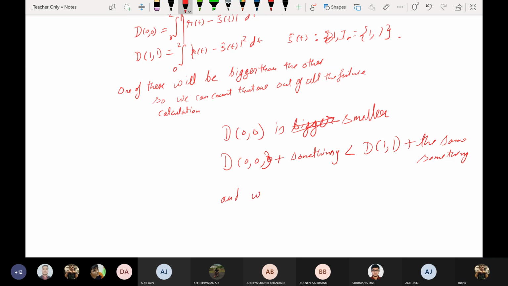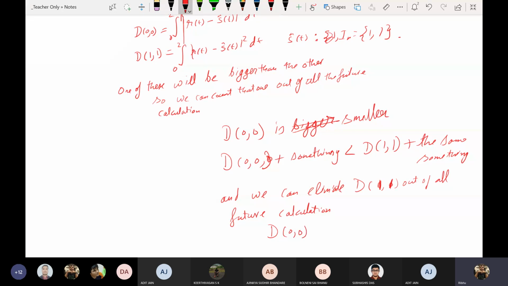And we can eliminate D11 out of all future calculations. D00 is designated the survivor path. D00 is called the survivor path.